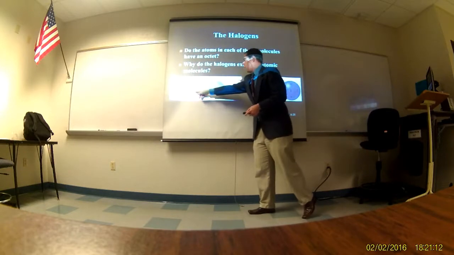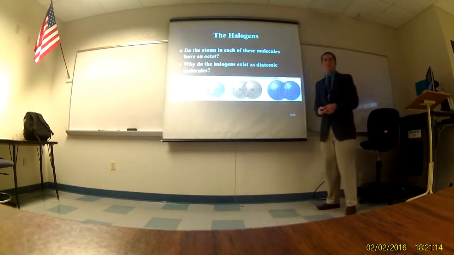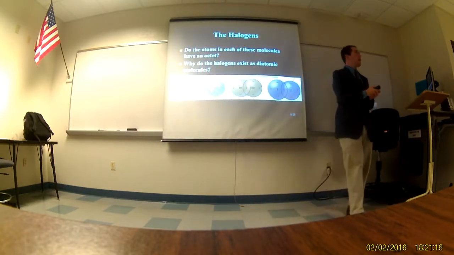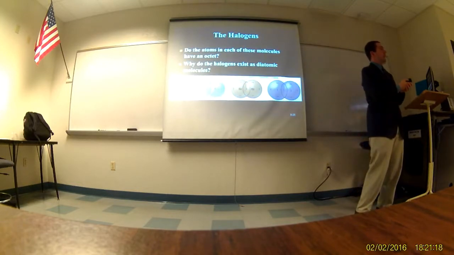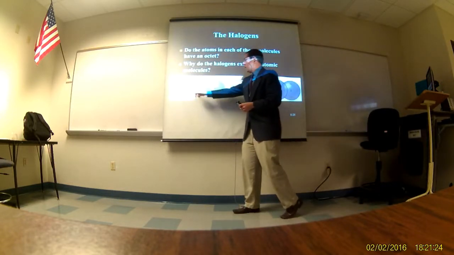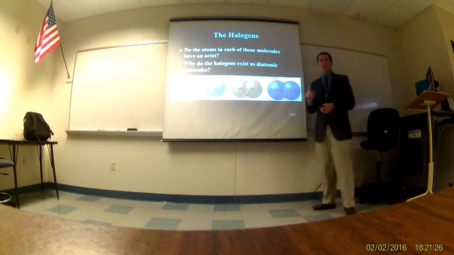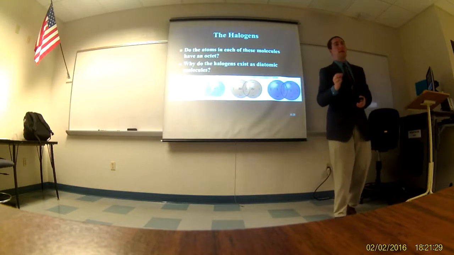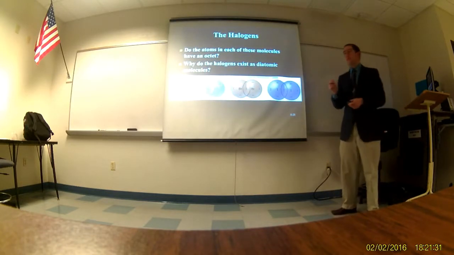So these are our halogens. How many valence electrons does a halogen bring? 7. It doesn't matter whether you're fluorine, chlorine, bromine, or iodine, they all bring 7 valence electrons.